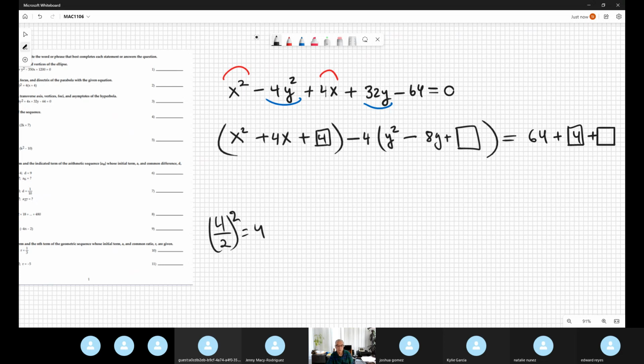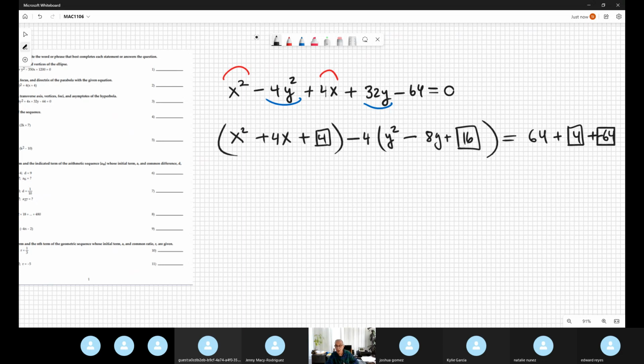But the second, no. The second is 8. 8 divided by 2 is 4, squared, 16. But actually, it's not 16, the number I put in the right-hand side, because when you multiply by 4, it's 64, but it's minus 64. Do you follow me? Do you see that?